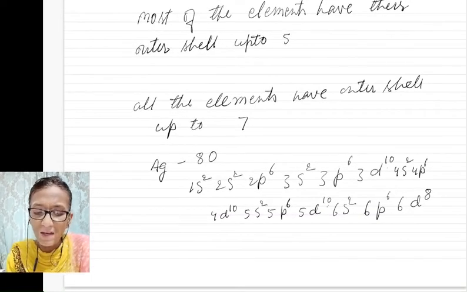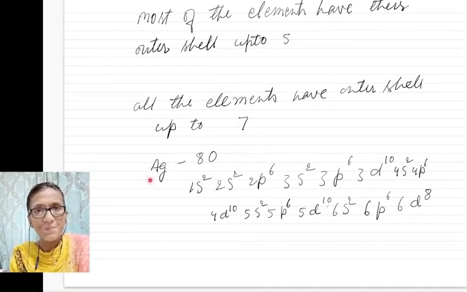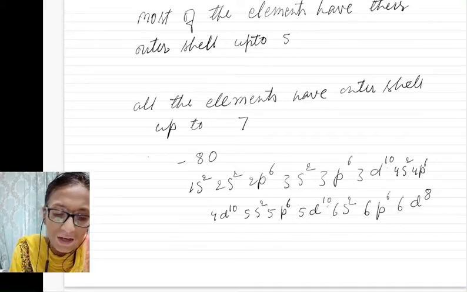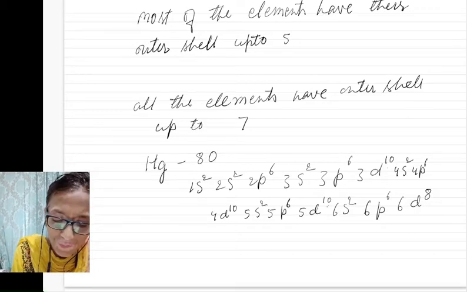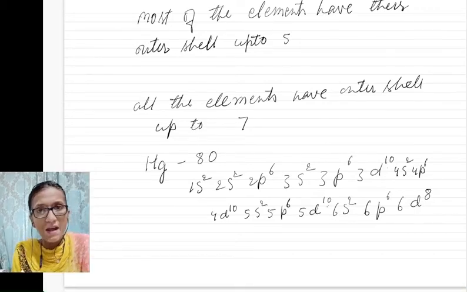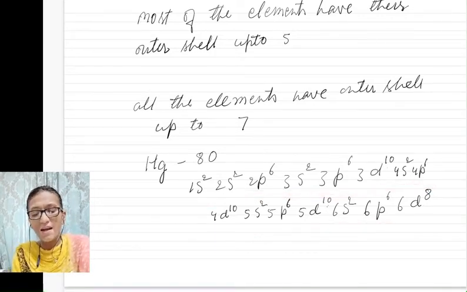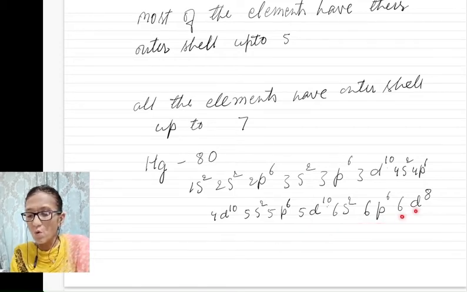So what I mean to say can be understood with the help of an example. Now you have your atomic number for Hg, mercury, 80. So when you write the electronic configuration of Hg, it is 1s2, 2s2, 2p6 and it goes up to 6d8.